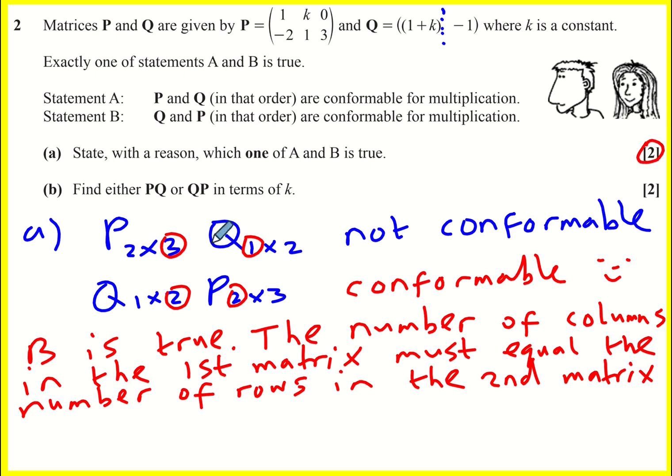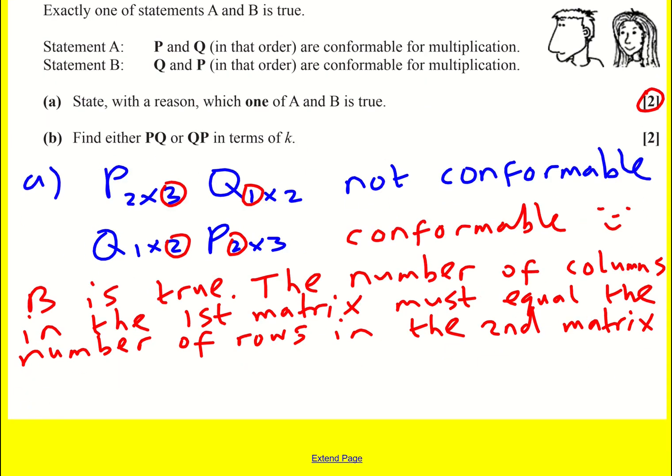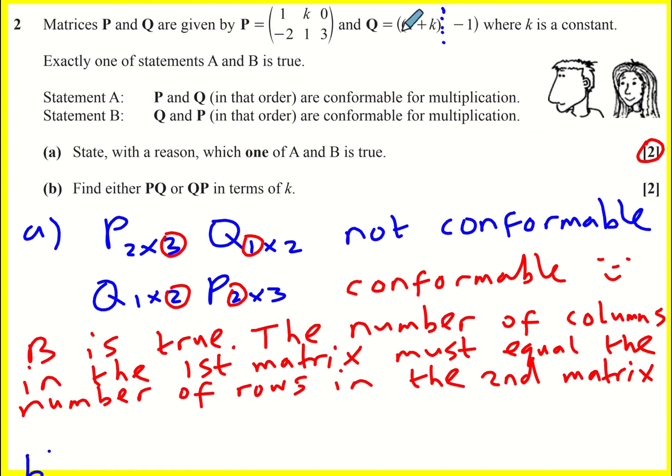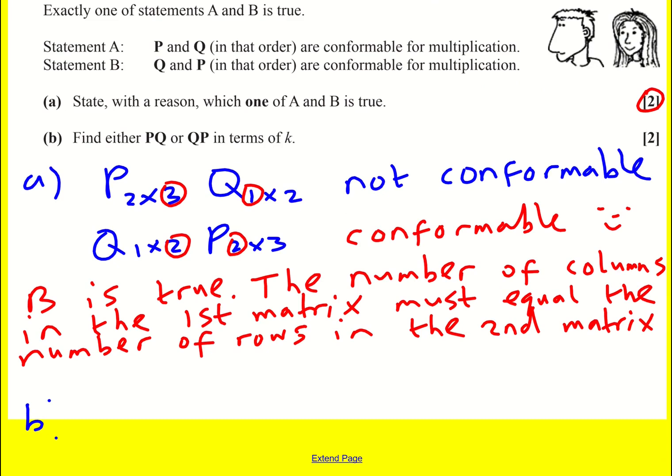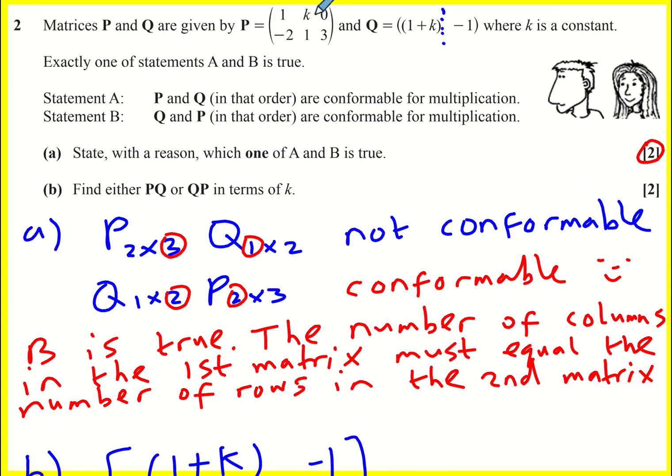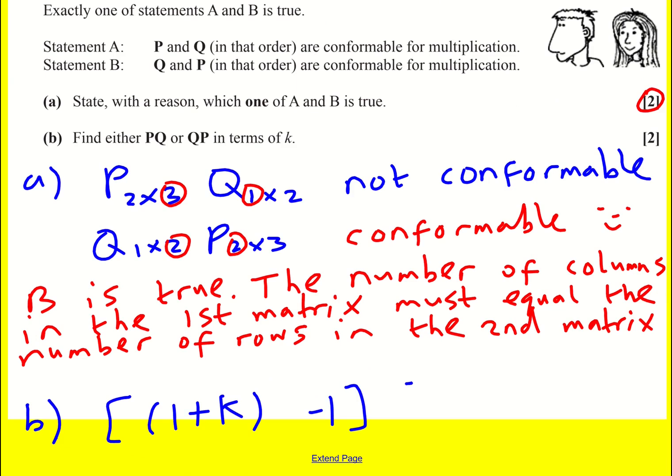So now, for which one's correct, let's work out, and it's going to be QP. So it's going to be 1 plus K minus 1, multiplied by 1 K 0, and minus 2, 1, 3.